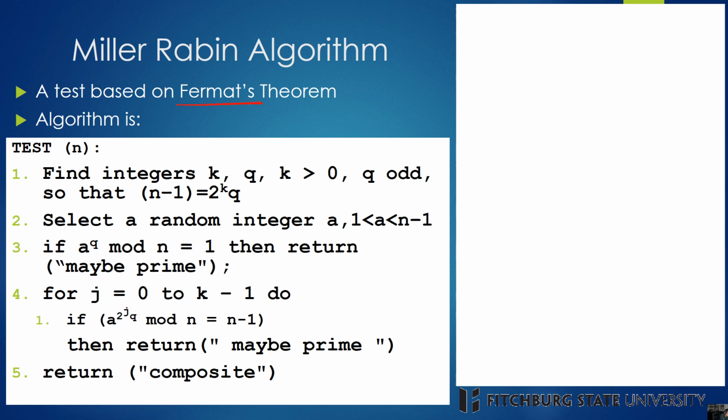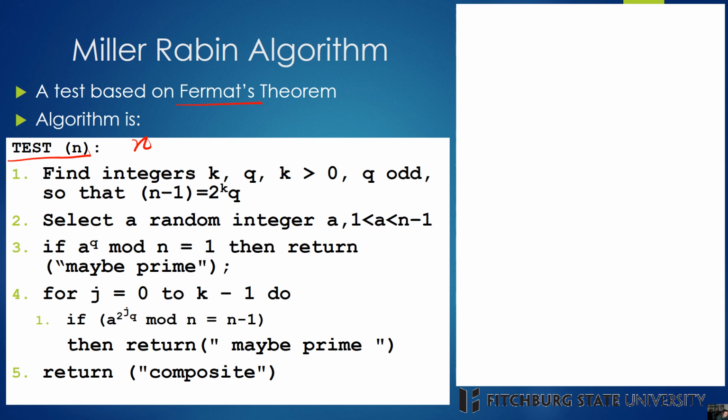Here's the pseudocode for the Miller-Rabin algorithm. Suppose we're given an integer n. Then n should be an odd number, because if n is an even number, then we stop the test, because n is not a prime number. Now, suppose n is an odd number, a huge number, then what should we do?